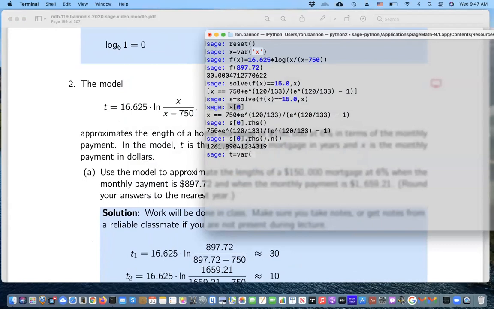And we're going to learn by doing this, by the way. I'm going to type in f of t equals 16.625 star. And I want to point out in most computer algebra systems, log stands for natural log. And what's it going to be? t divided by t minus 750.